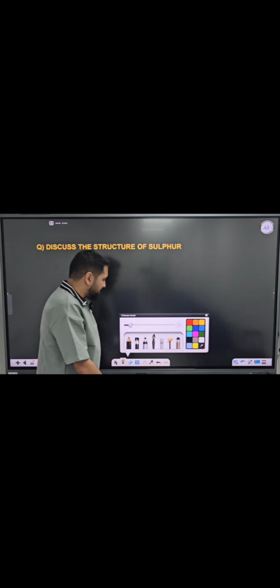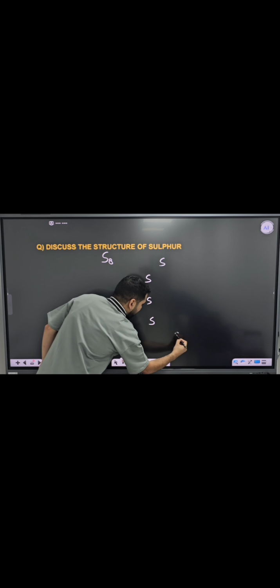Now there is one common question. Discuss the structure of sulfur. Normally when we draw the structure of sulfur, we know that sulfur exists in the form of S8, right? So we have to make the 8 atoms of sulfur. 1, 2, 3, 4, 5, 6, 7, 8, right?